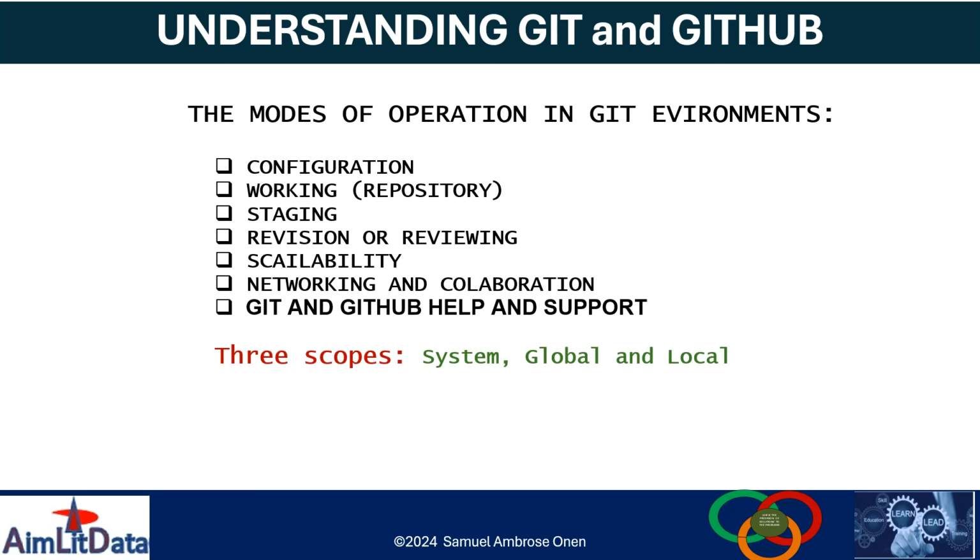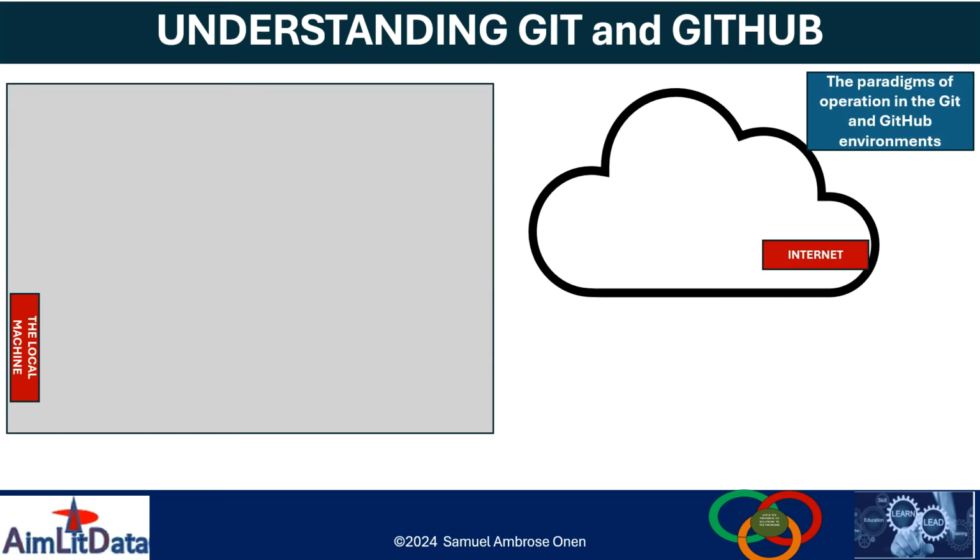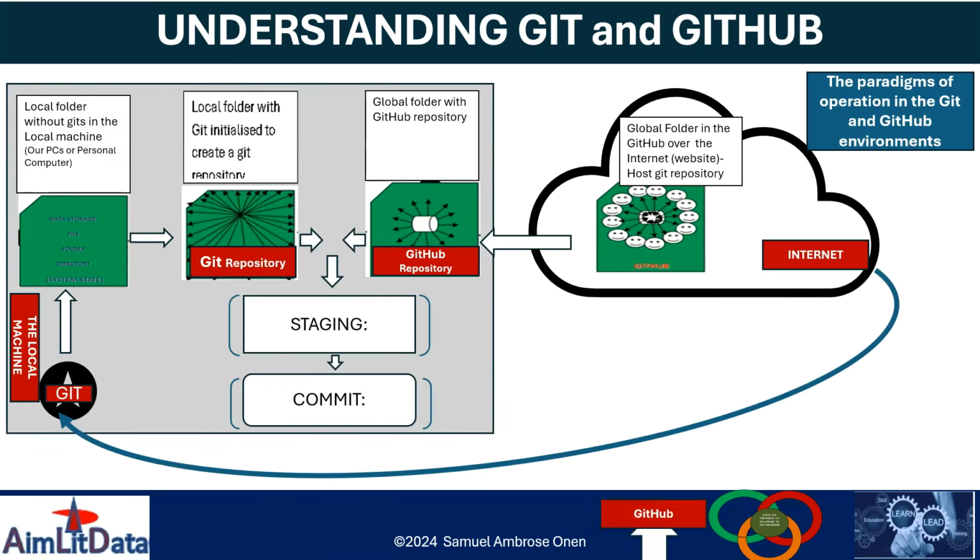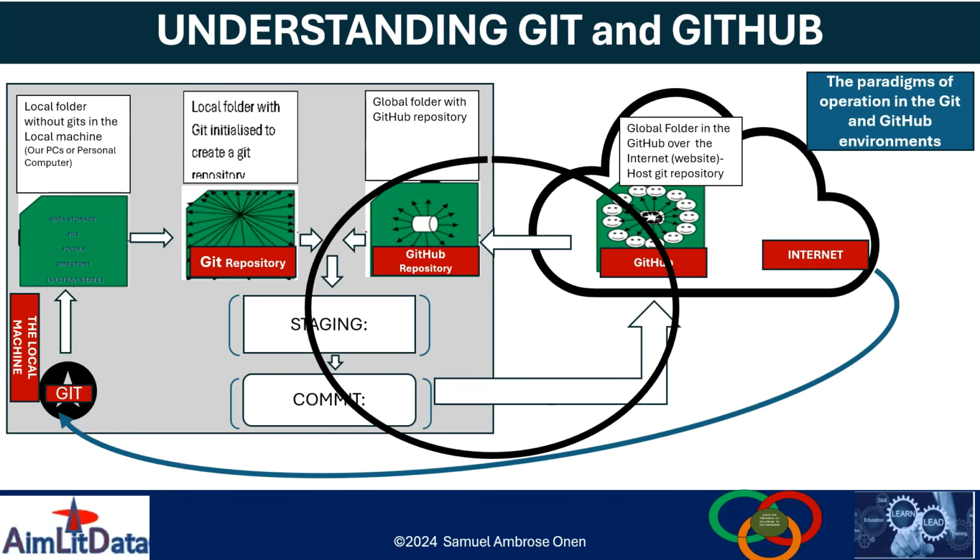So we have seen global scope, system scope, and the local scope, how to rip them apart, and then in the next video we'll put them back together into one piece to create this environment that you desire to have, so that you can have your local GitHub and remote.